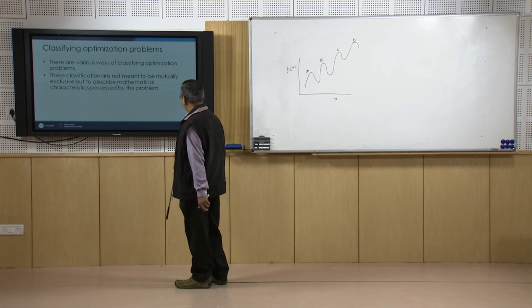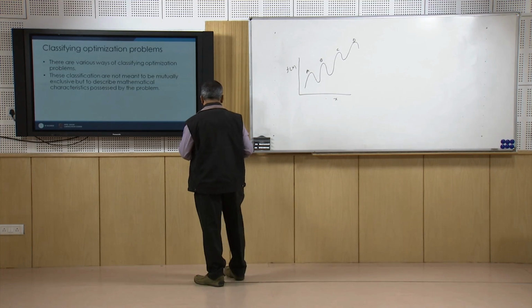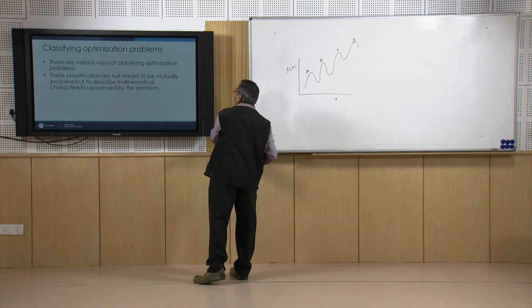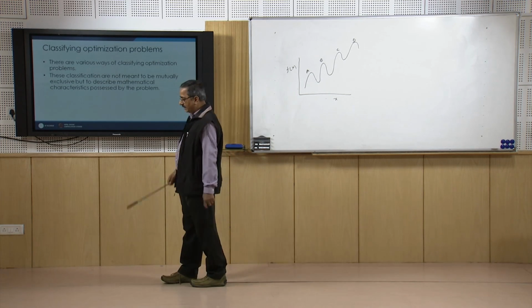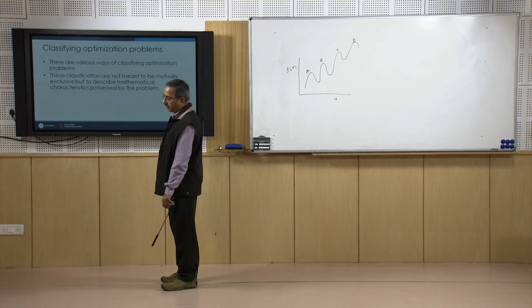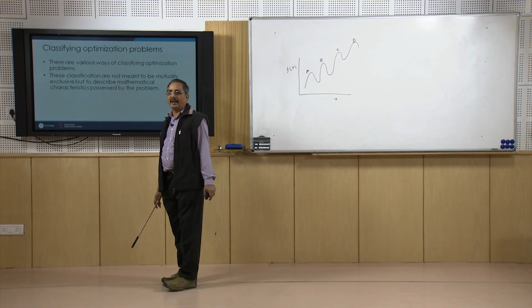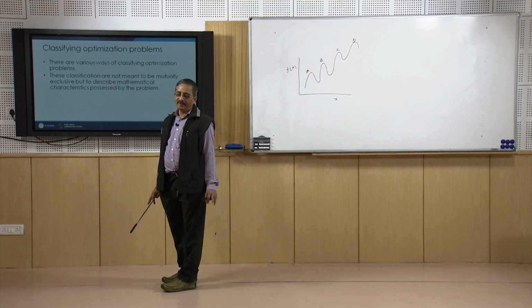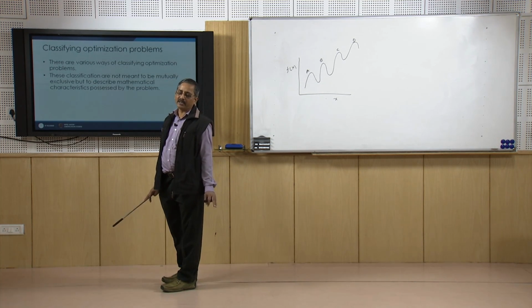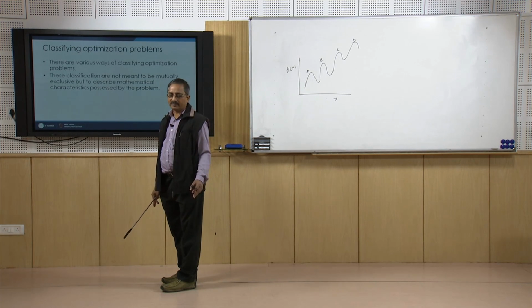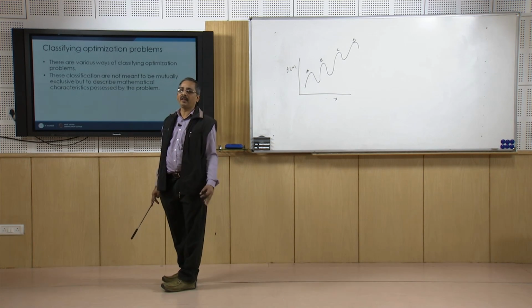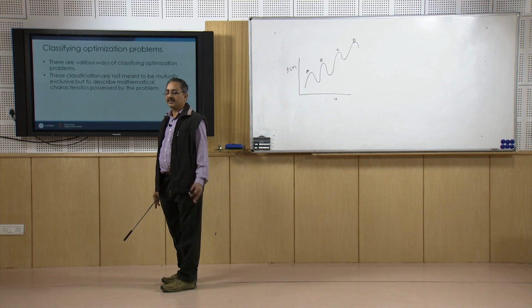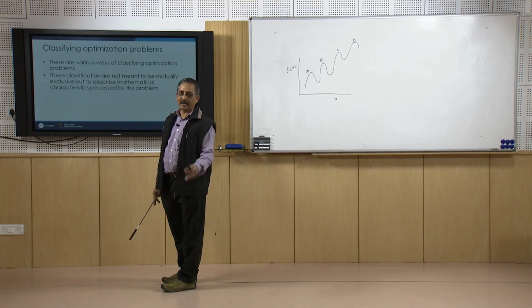Now, let us try to see how we can classify the optimization problem. So, till now we have seen how to define an optimization problem and what the factors associated with it are, such as objective function, design variables and the constraints.